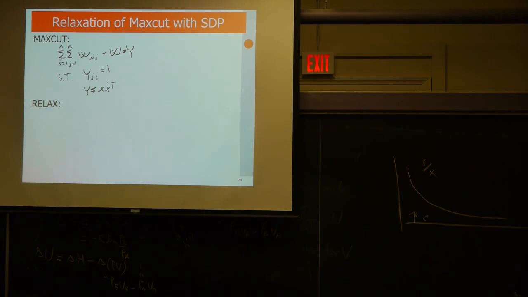So now what we want is to relax this with an SDP problem. So what should we do? How can we relax this with an SDP problem? This is not a semi-definite problem yet, but what should we do?